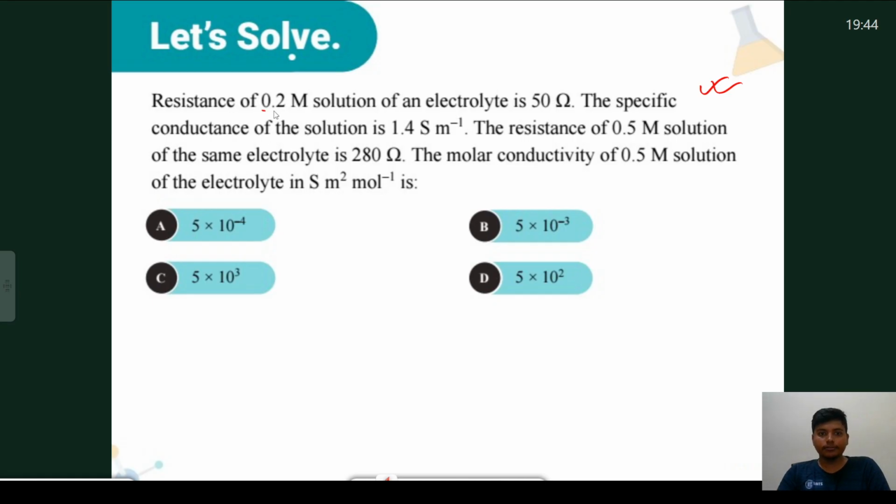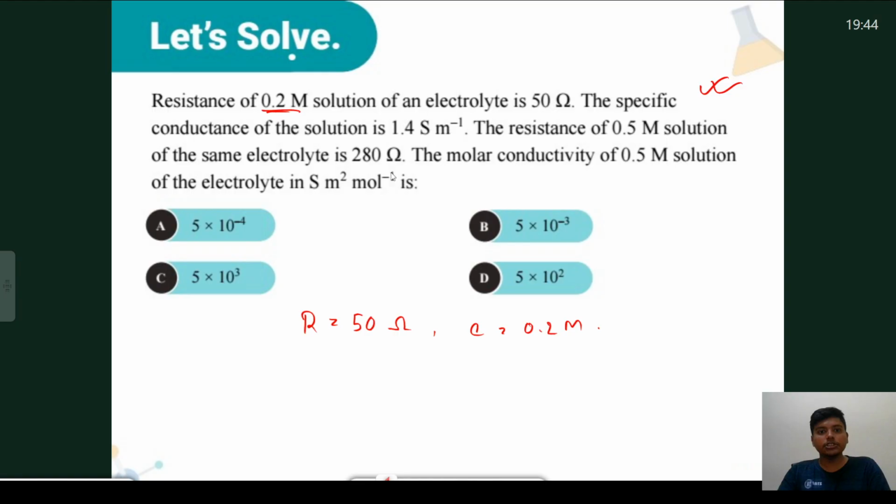So resistance is given. Okay. See, whenever a physical chemistry question is given, write down all the data. Or in physics also, write down all the data. R is equal to 50. Concentration given is 0.2 molar.